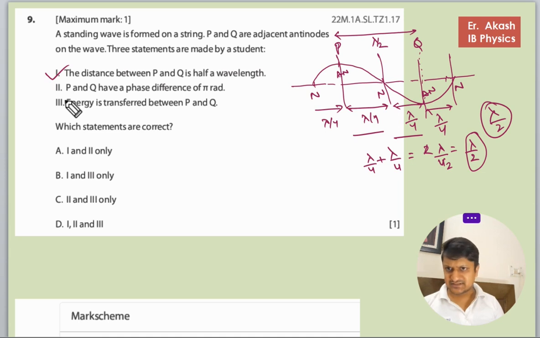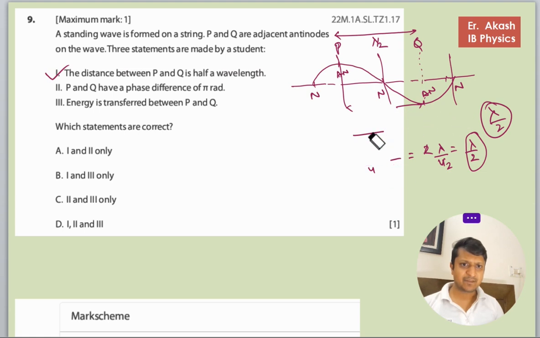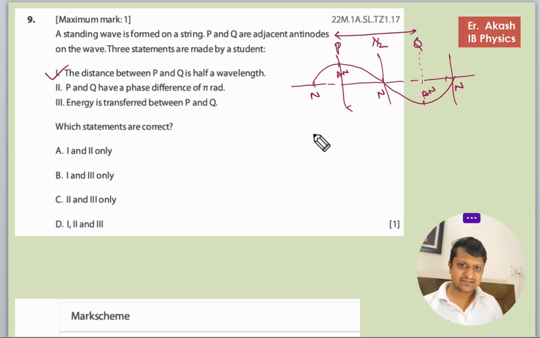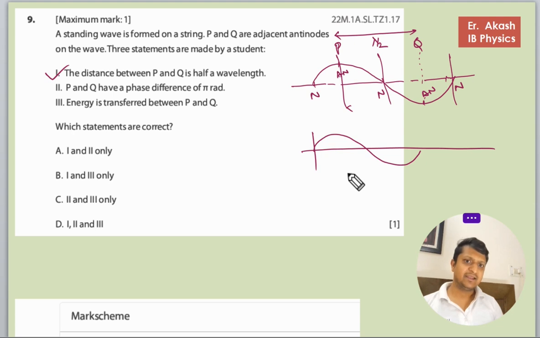The second statement says that P and Q have a phase difference of pi. Now we will understand how to calculate the phase difference. First we will remove all this. Just consider it as a sine wave. It goes similar to a sine wave. So in the sine wave, this is pi by 2 and this is 3 pi by 2.